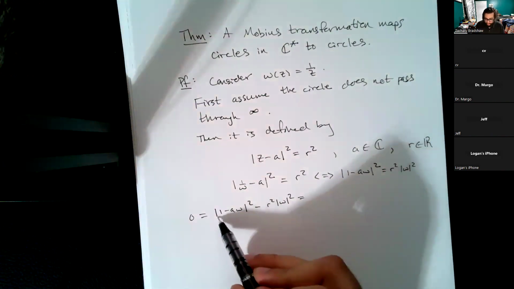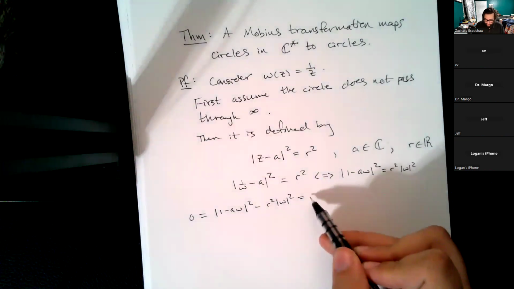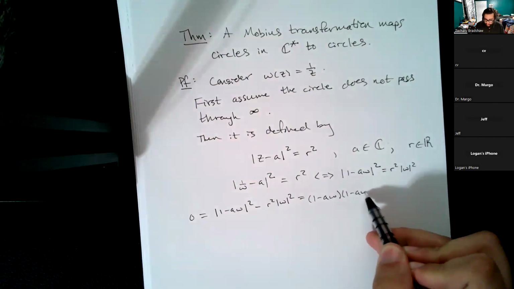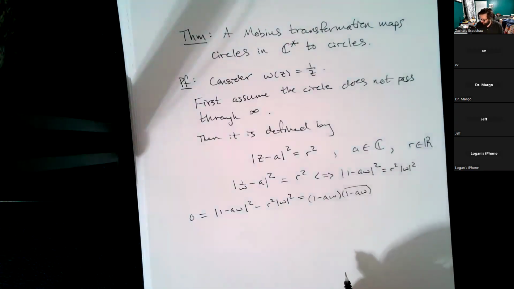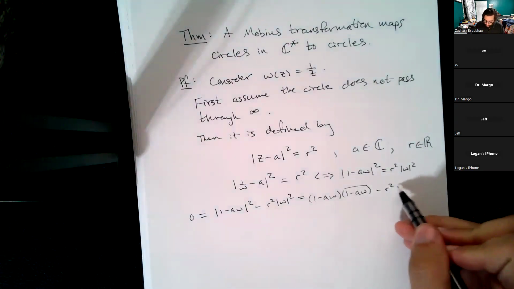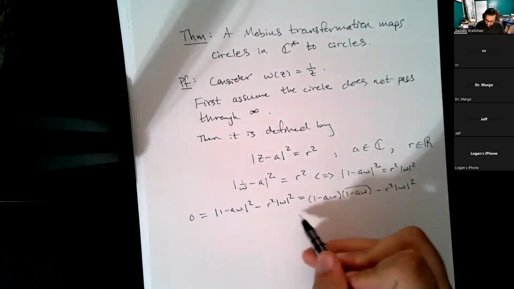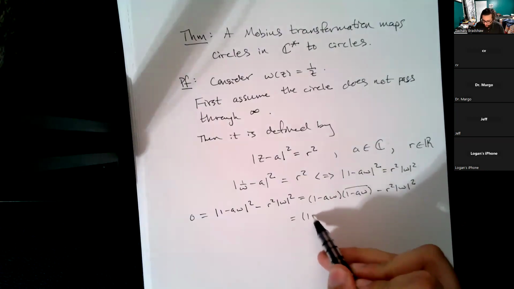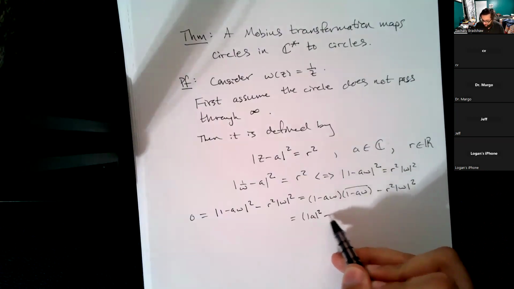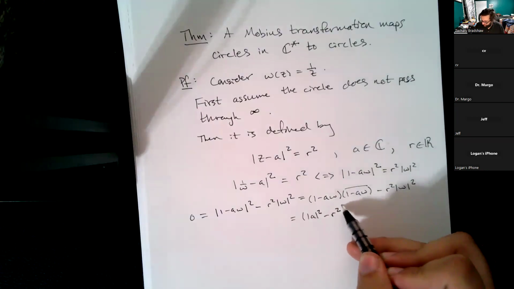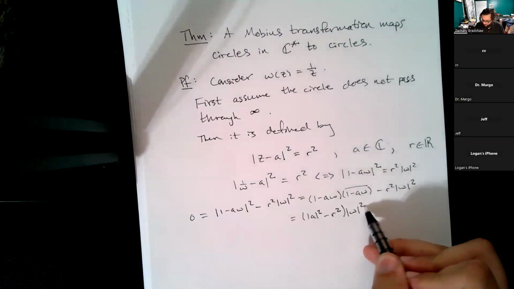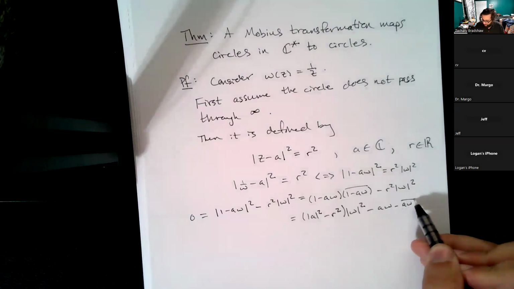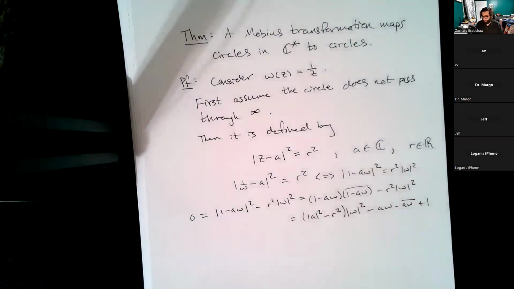And remember that the modulus squared is just the number times its complex conjugate. So multiplying this whole thing out, we see that this is equal to the modulus of a squared minus r squared times the modulus of w squared, minus aw minus a-bar w-bar plus 1.